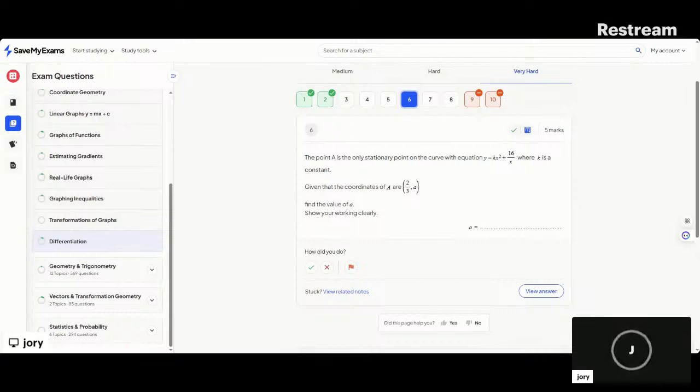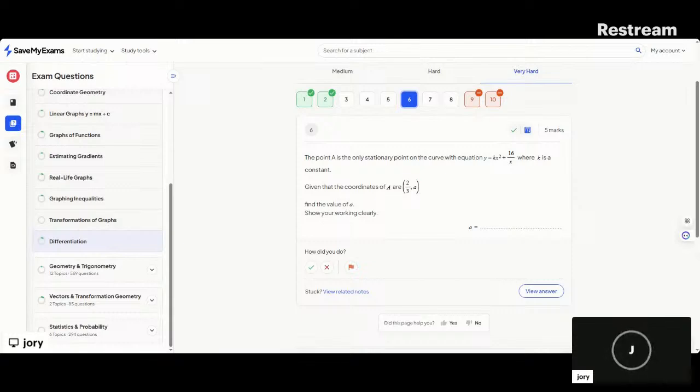So k, 2kx minus 16 over x squared equals 0, and x equals 2 over 3. 2 divided by 3 squared, and 16 divided by that is 36.